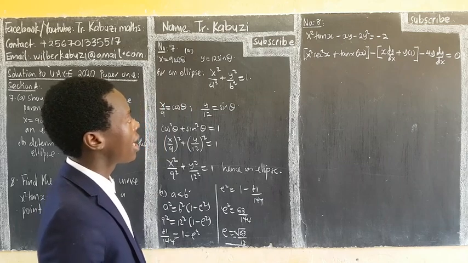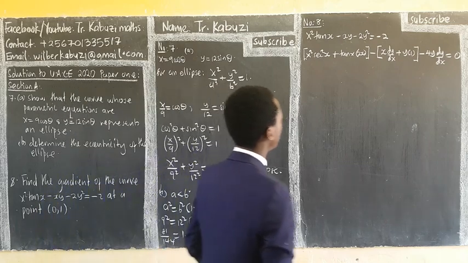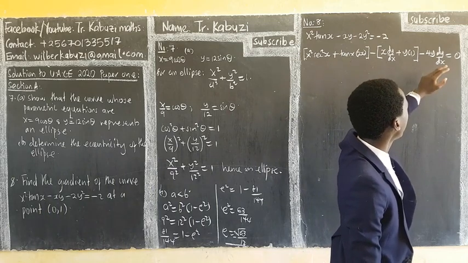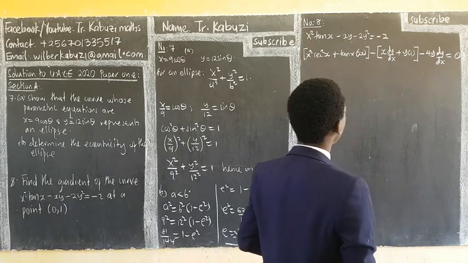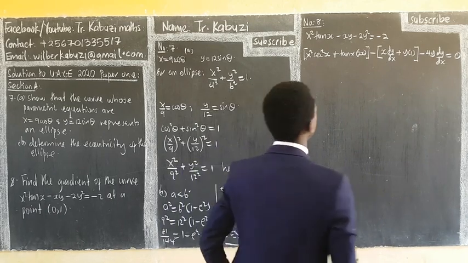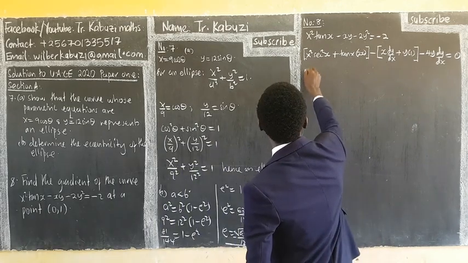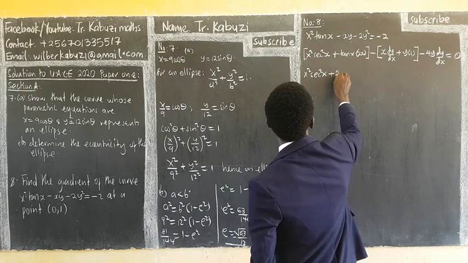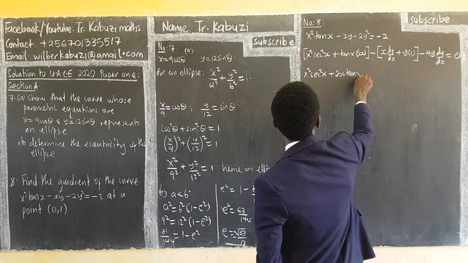So our task here is to just rearrange. You see that now? I have y here, I have also y. So this is going to be x squared sec squared x, then plus 2x tan x.